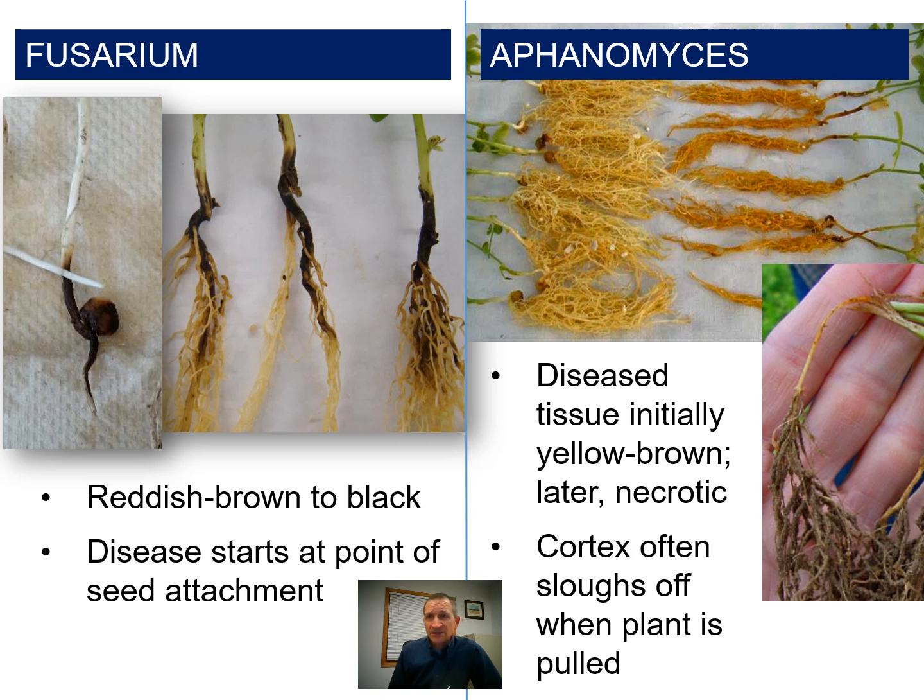Aphanomyces, on the other hand, causes a yellow-brown discoloration of the roots and the epicotyl. The epicotyl is that section between the point of seed attachment and the soil level. What you'll notice with Aphanomyces is that it causes a shrinking of that epicotyl, where it's no longer fleshy.